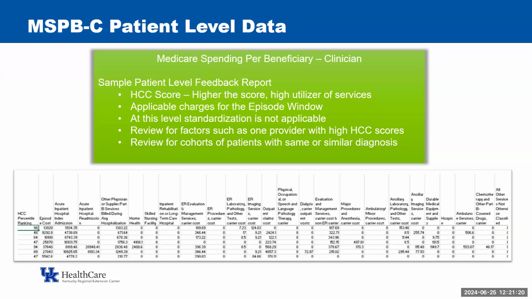One of the things that you can do whenever you receive this patient level data is slice and dice it. You want to look at the providers that are providing care to your patients. Look at the ratio of providers that you have with patients with a higher HCC score. Typically, patients with an HCC percentile of 70 or higher are going to be the ones that impact and influence this particular measure.